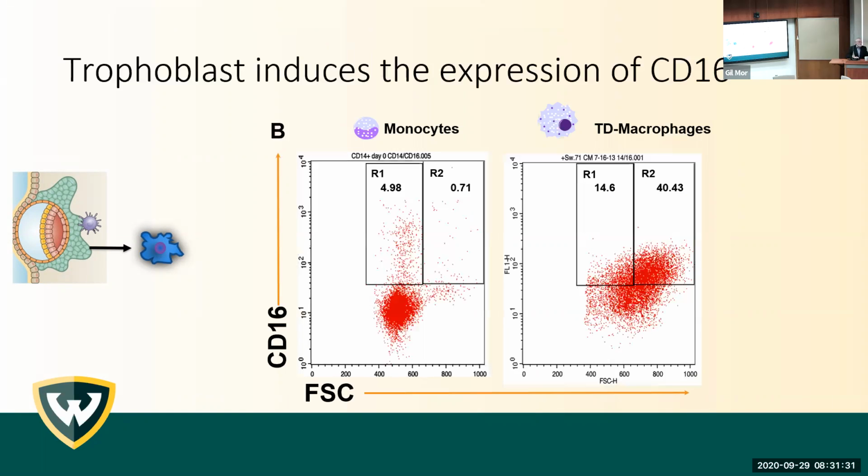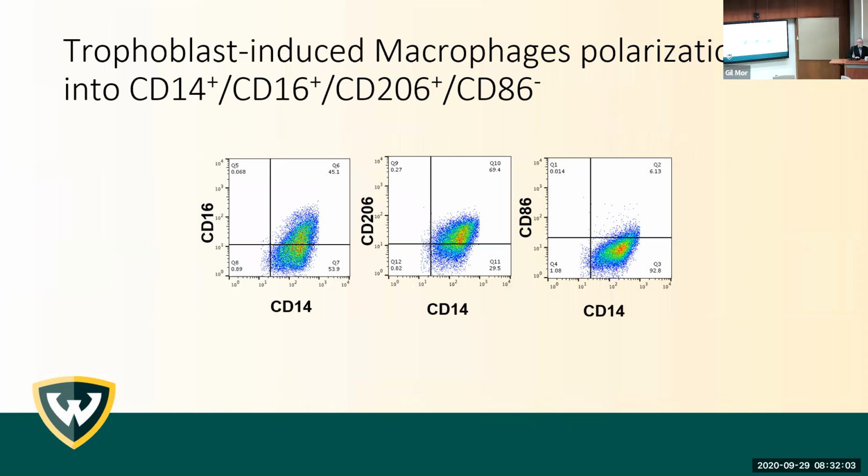We look now at additional markers. The majority of peripheral monocytes are CD16 negative. We know there is a very small population, around 4 to 5%, of CD14 positive, CD16 positive monocytes, but the majority, as I say, are negative. In the presence of factors from the trophoblast, they become CD14 positive, CD16 positive. We looked at a lot of markers, and this is a summary of the final characterization.